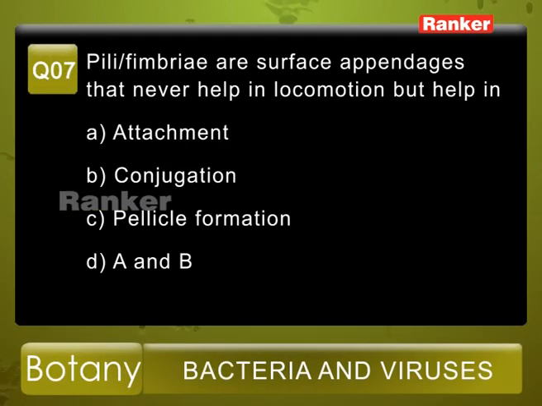Question number 7. Pili or fimbriae are surface appendages that never help in locomotion but help in. The given options are A. attachment, B. conjugation, C. pellicle formation, and D. A and B, that is attachment and conjugation.